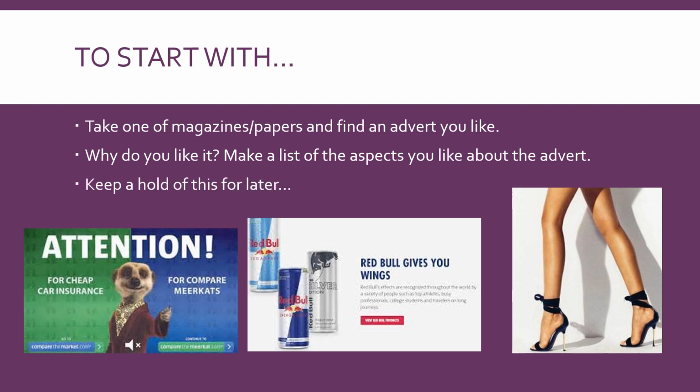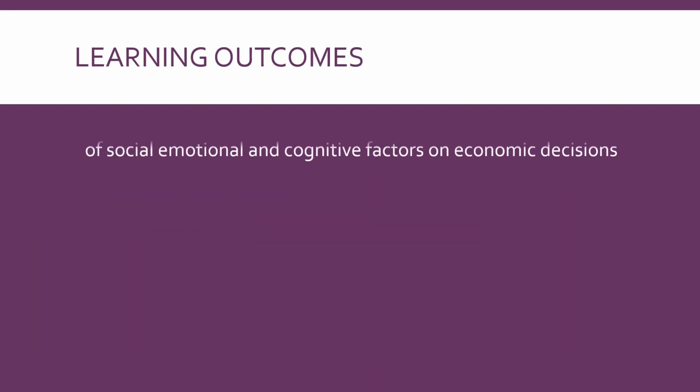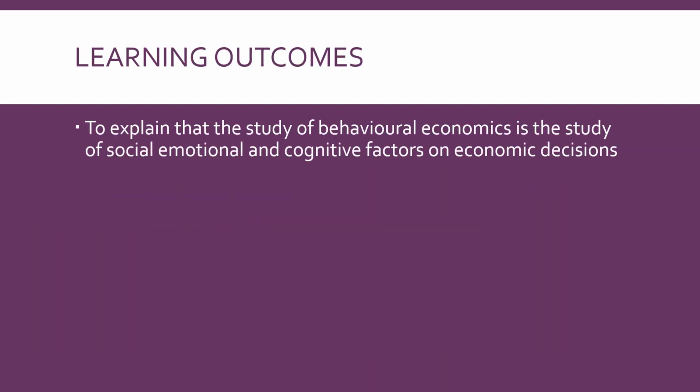Keep that on a tab somewhere for later because we'll be referring back to this later on in the lesson. Hopefully by the end of this lesson we will be able to explain that the study of behavioural economics is the study of social, emotional and cognitive factors of economic decisions. That sounds really, really fancy.